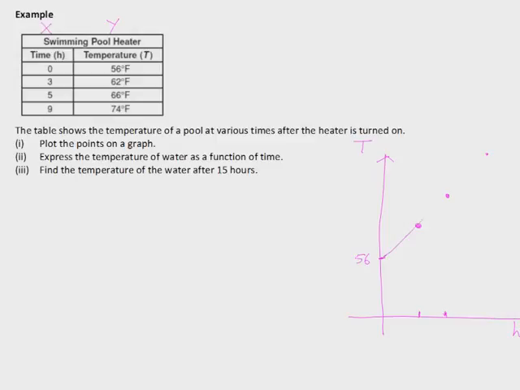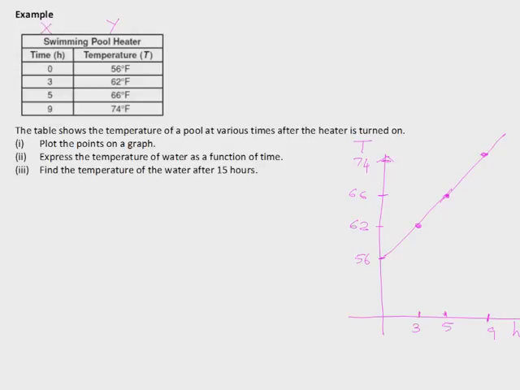So this is my line. 3, 5 and 9. 56, 62, 66 and 74. So I plotted the 4 points using time as the x coordinate and temperature as the y coordinate.